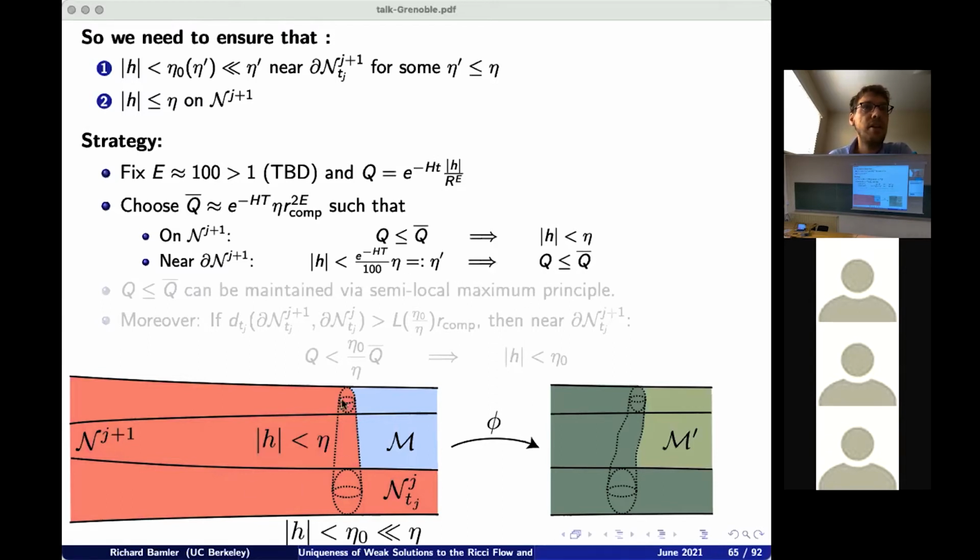Okay? So recall, near the boundary of nj plus 1, the scalar curvature is bounded from above and below by something that's comparable to r comp to the -2. Okay? So near the boundary of nj plus 1, we can also go in the other direction as long as we choose this constant smaller.